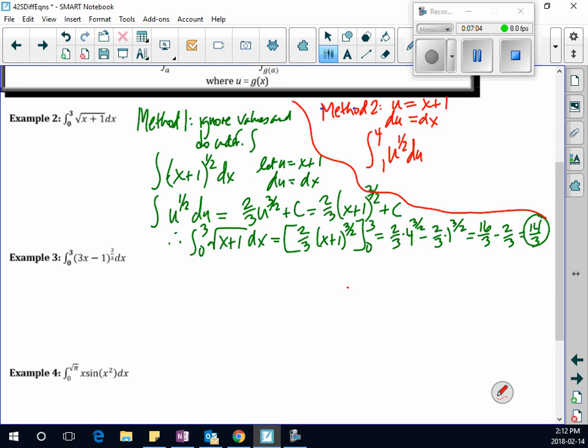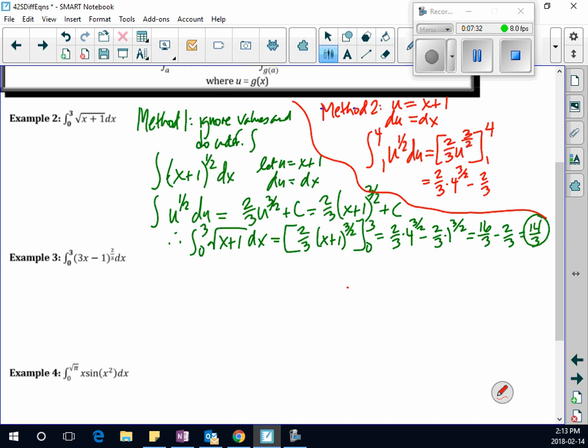right? And so then you don't have to change it back to x because now you're actually evaluating u amounts, right? So this is just going to be bracket 2/3 u to the power 3 over 2 from 1 to 4. As you can see, it's going to be the exact same answer, right? So this is going to be 2 over 3 times 4 to the power 3 over 2.